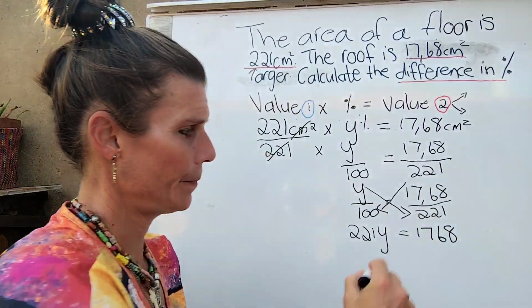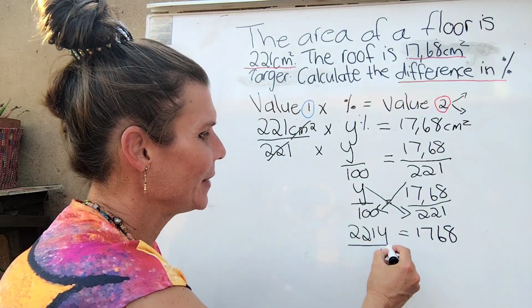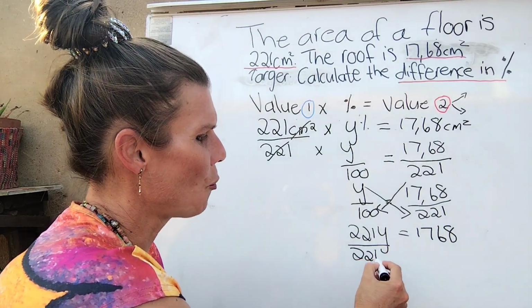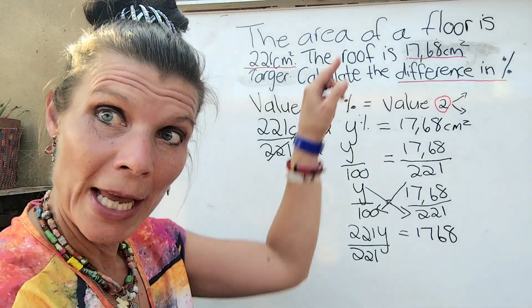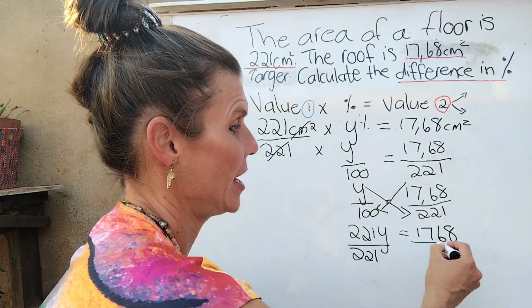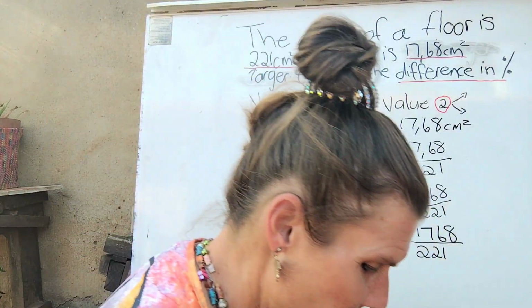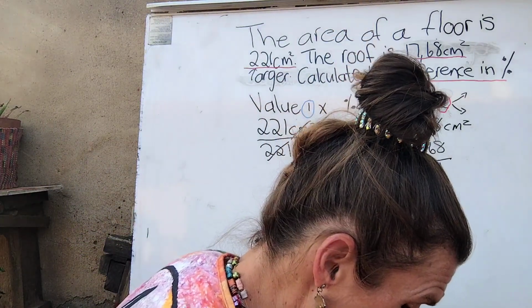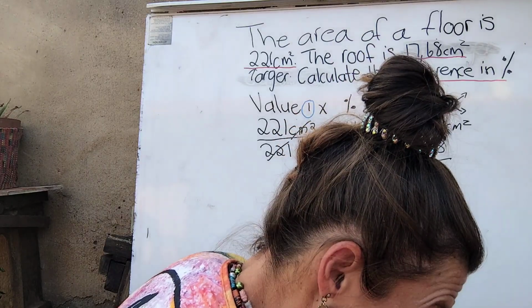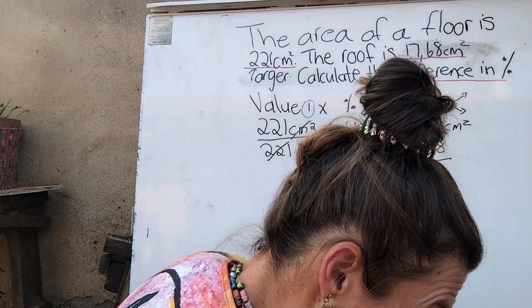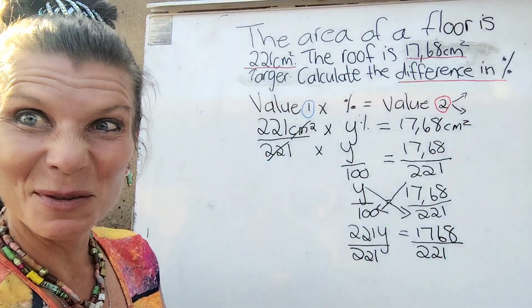Can I get my Y alone? Yes, I can. Divided by 221. What I do this side of the rainbow, I have to do that side of the rainbow. Divided by 221. And now let's check to see if we are correct. 1768 divided by 221 gives me what?